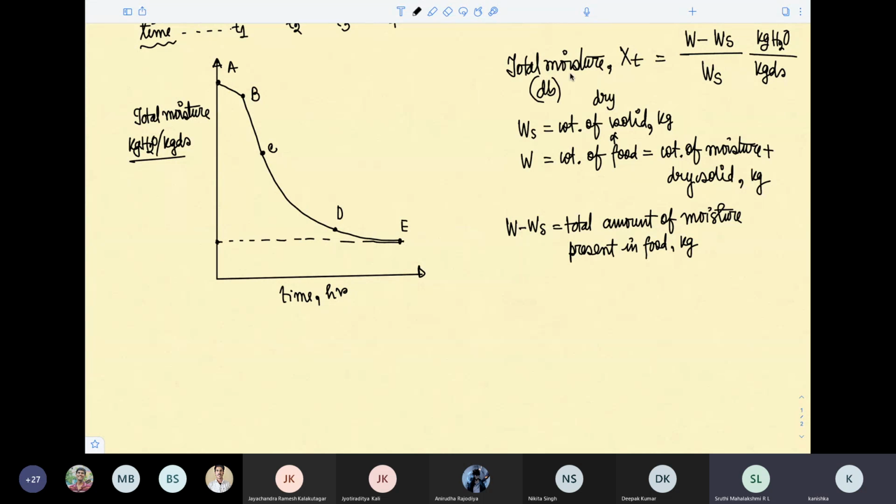Now this is the total moisture we are plotting. The typical curve looks like this. There are some points: A, B, C, D and E. What are those? I will first explain a few terms, then I will come to what those points signify.